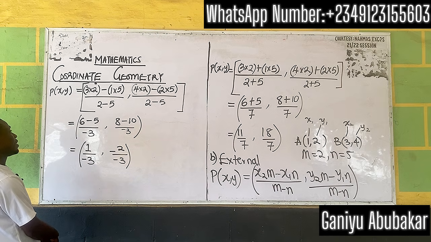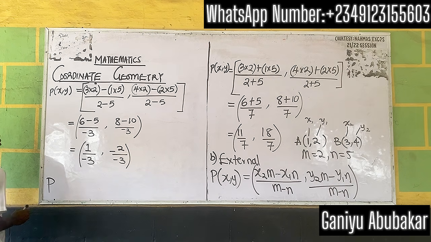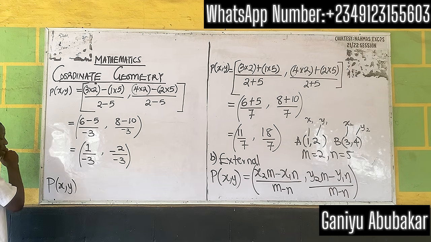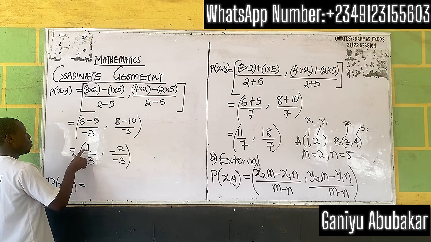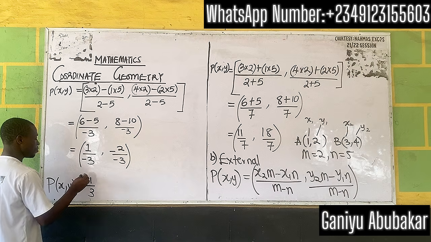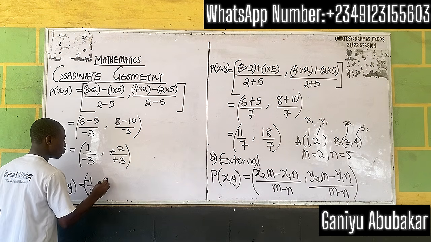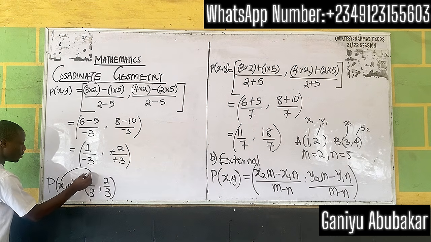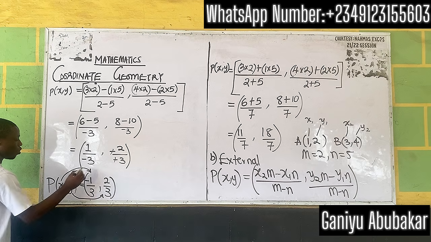So now here's the idea. It means that the point P of x comma y externally will be equal to 1 over minus 3, which can be written as minus 1 over 3, comma, minus cancels minus, I have 2 over 3 left. So x is for this and y is for this. These are the coordinates.